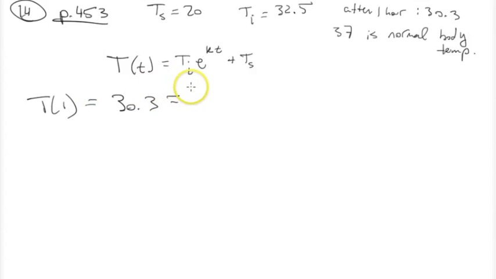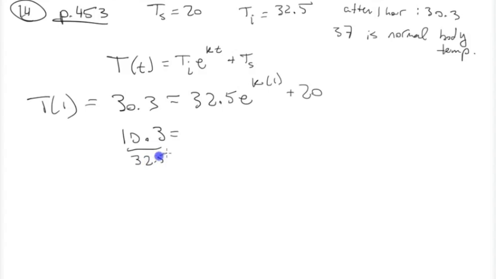And because 1 hour previous the temperature was 32.5, that's going to be our initial temperature, even though its initial temperature was actually 37. But for the sake of ease in this equation, we're going to call it 32.5 times e^(k·1) plus 20. So we're going to subtract 20 over, and that will get 10.3, and we can divide by 32.5, so that'll be 10.3 over 32.5 is equal to e^k.